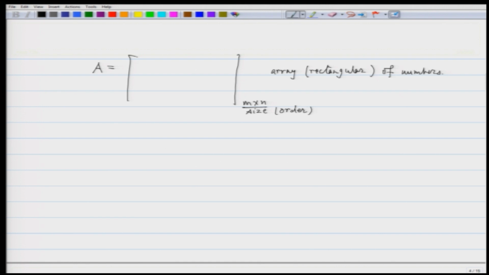then the entries of this matrix are generally written as a small a corresponding to that: A11, A12, up to A1n, A21, A22, up to A2n, and so on until Am1, Am2, up to Amn.